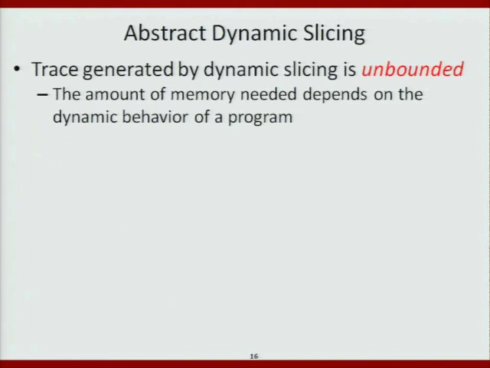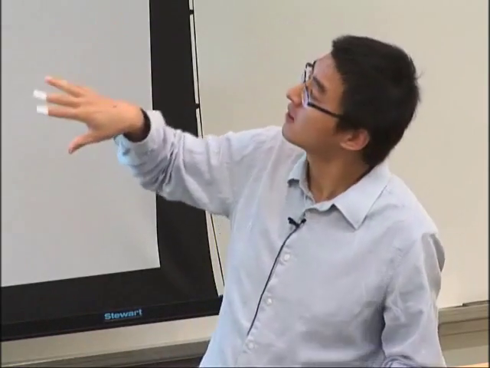It's easy to see that dynamic slicing is prohibitively expensive for large-scale and long-running applications because the trace that dynamic slicing generates is unbounded. It depends completely on the dynamic behavior of the program.